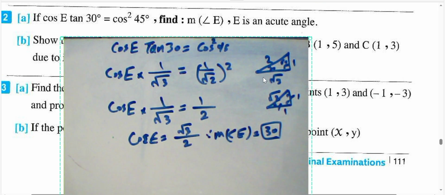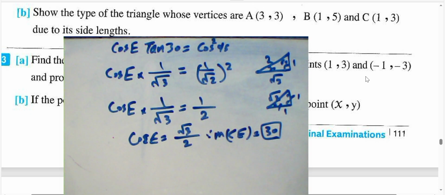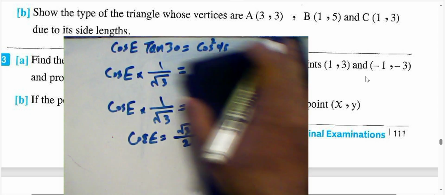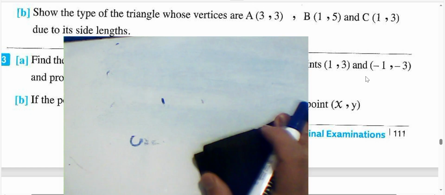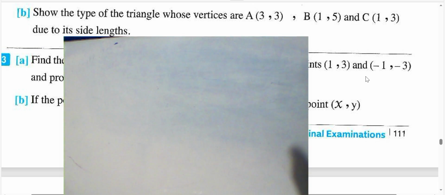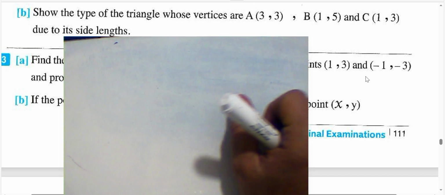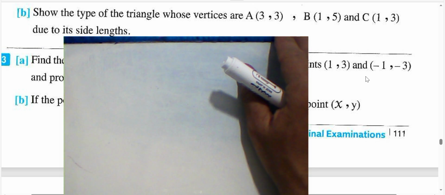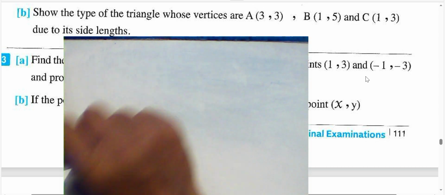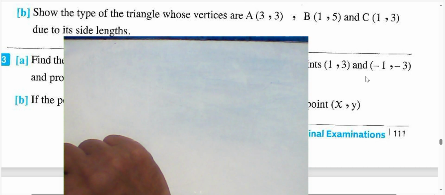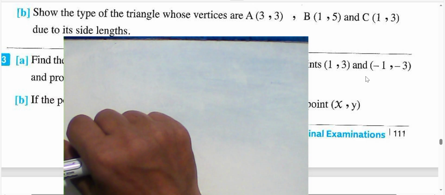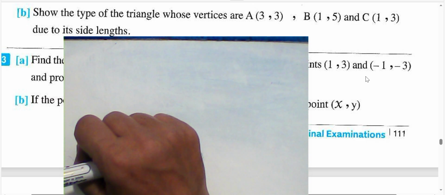Okay, next question, letter B. Choose the type of triangle. We have points A, B, C. We want to know the type of this triangle. First, we find the lengths of AB, BC and CA.